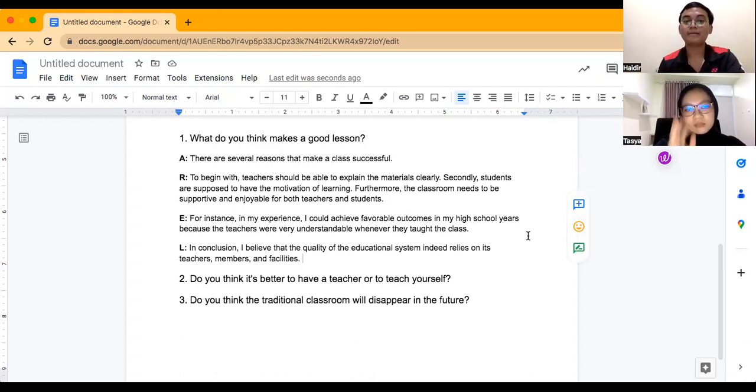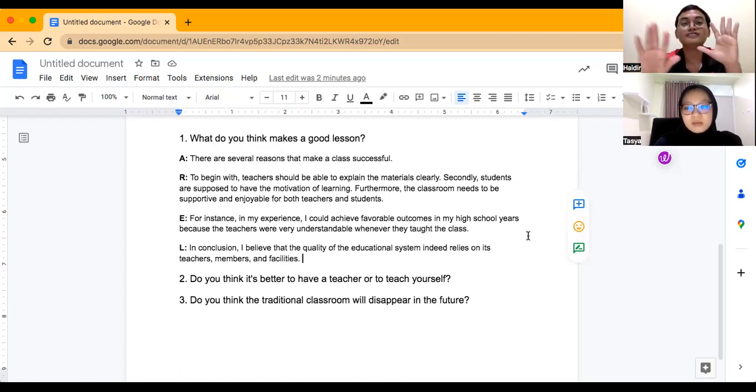Bisa comparison. Kamu tadi comparison nggak sih? Kamu bilang kayak, comparatively, kalau teachersnya nggak gitu, dampaknya apa? Cause and effect, itu bagus juga, boleh. Example boleh gitu.